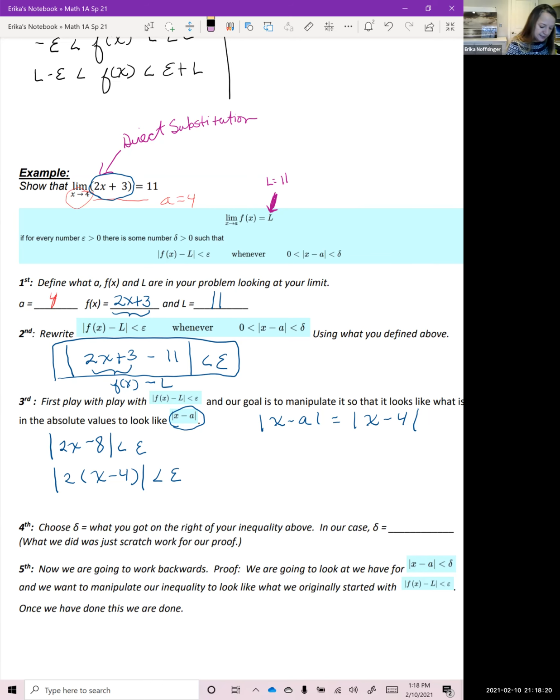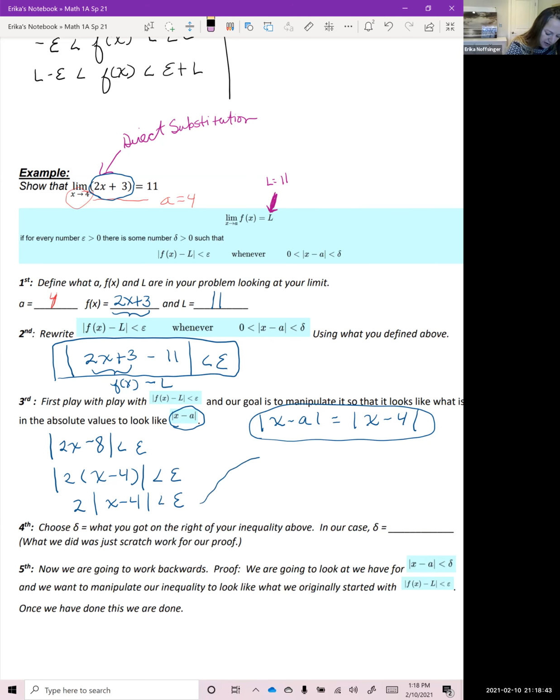So this is the same thing as 2 times the absolute value of x minus 4 is less than epsilon. So we're almost to what we're trying to manipulate it to look like. And if I just divide both sides by 2, then we have that.